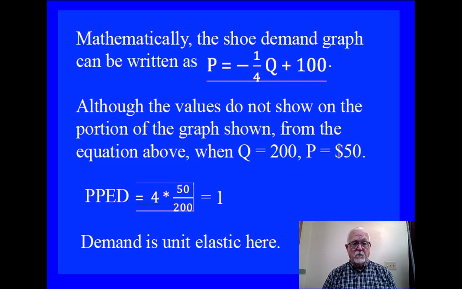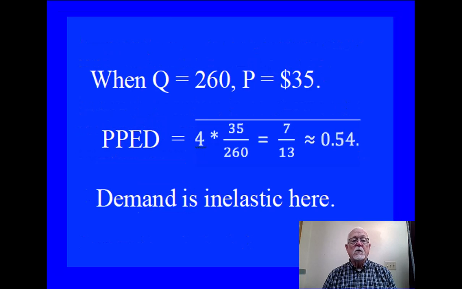In this example, when we're talking about $50 and 200, and that's the point we're going to plug in here, that comes out to a value of 1. So demand would be unit elastic here. On that demand curve, if we're at $35, and that corresponds to 260, you can go back in the video and look at that graph of that demand curve.